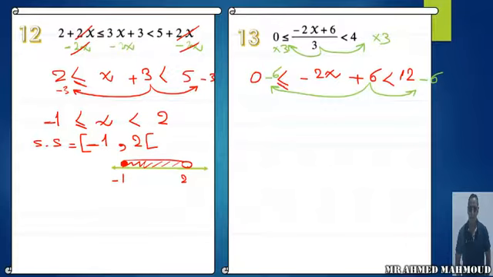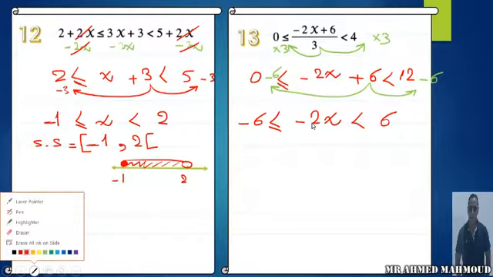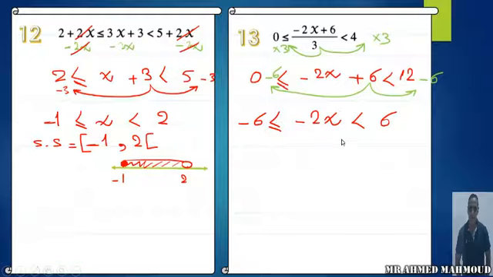0 minus 6 equals negative 6, less than or equal to negative 2x, less than 6. Okay, now I'm going to send minus 2 here, it will be divided by negative 2, and here also divided by negative 2.